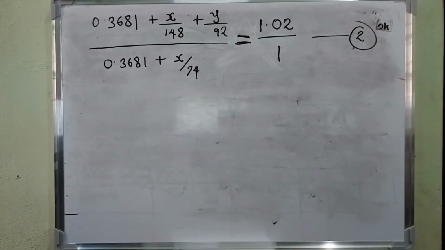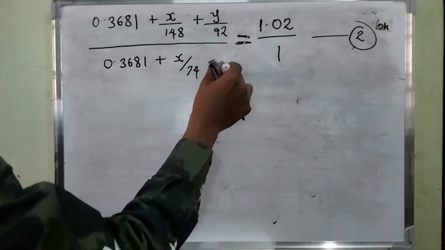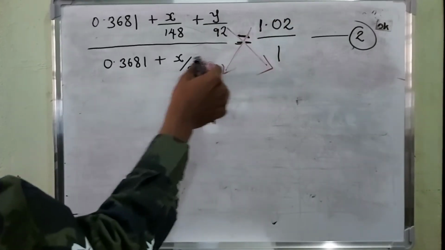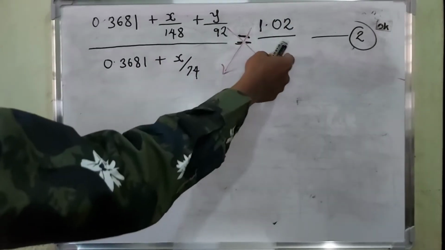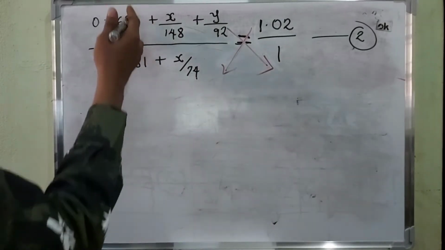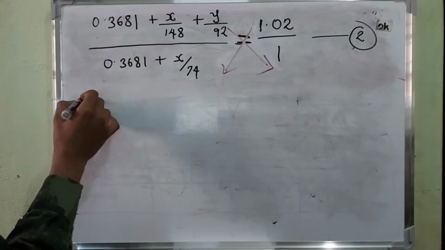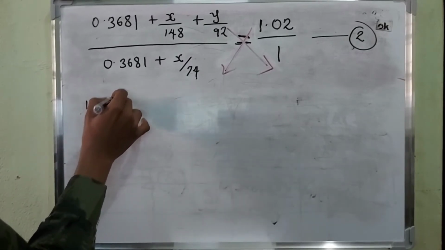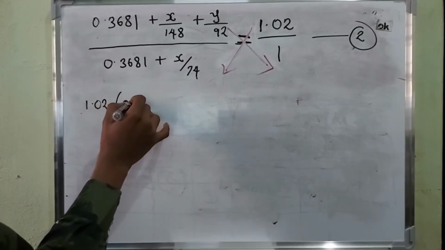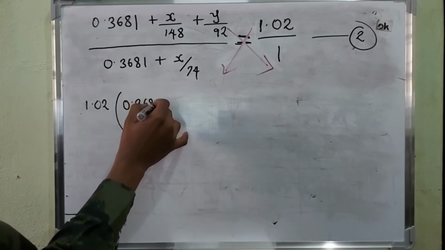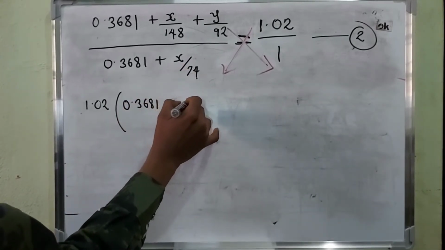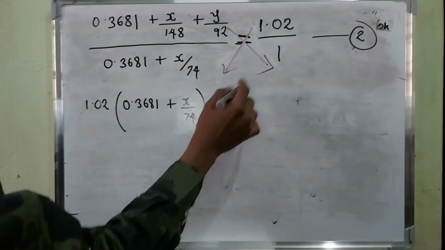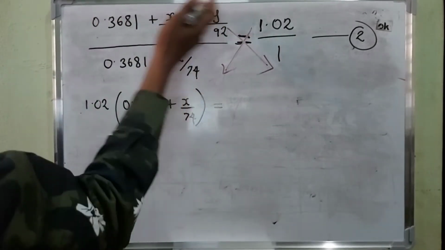So first of all, we could just cross multiply these values this way. The whole of this multiplies the denominator, the whole of this denominator multiplies the numerator over there. So we have this expression: 1.02 multiplied by, I'm going to open a bracket, 0.3681 plus x over 74, which will be equal to 1 multiplied by the whole of that.